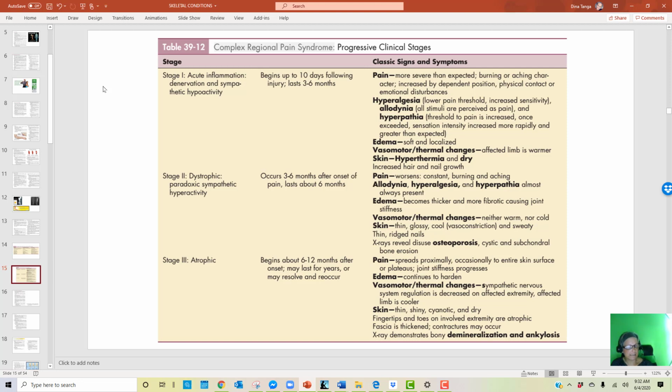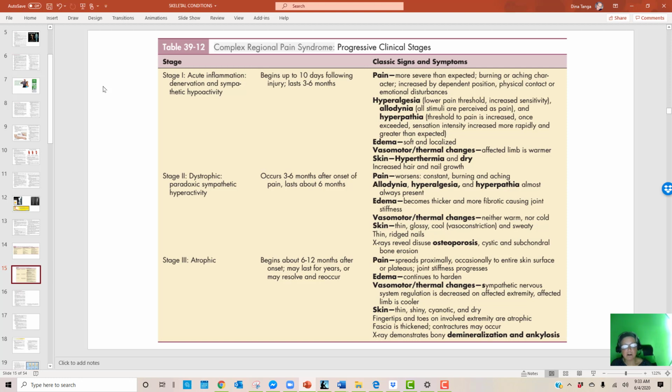Stage 2, dystrophic, paradoxic sympathetic hyperactivity. Occurs 3 to 6 months after onset of pain, lasts about 6 months. The pain worsens, it's constant burning and aching. You have allodynia, hyperalgesia, and hyperpathia, almost always present.